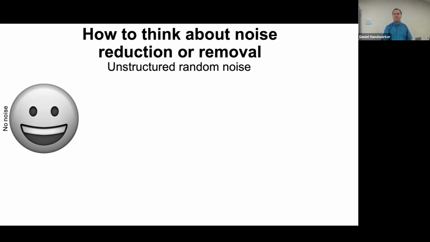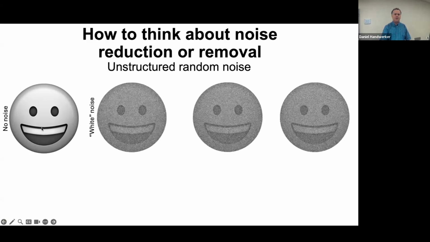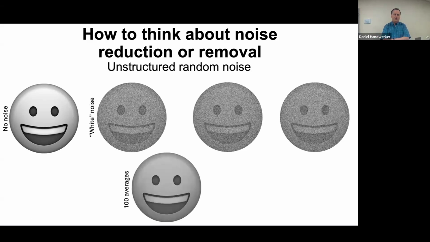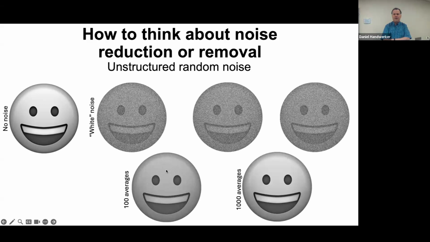For unstructured random noise, let's use this image as an example. This is no noise. We can add random noise over the entire image. In every single scan, you can still see the image, but it's just a little bit noisier. If you average 100 of these, it doesn't look like the original, but it's a bit more similar. If you average 1,000, it looks pretty close to the original.